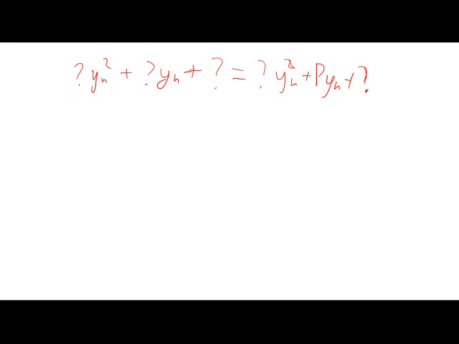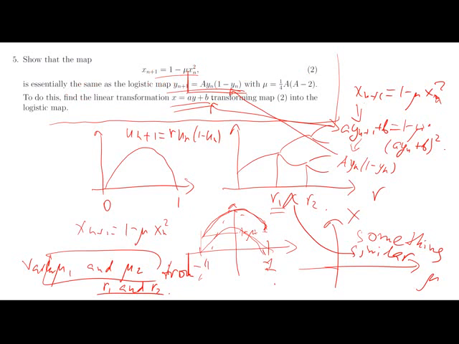And you will have 3 equations: this should be equal to this, and this should be equal to this. So these 3 equations will give you what a and b should be first, and then they will give this correspondence.